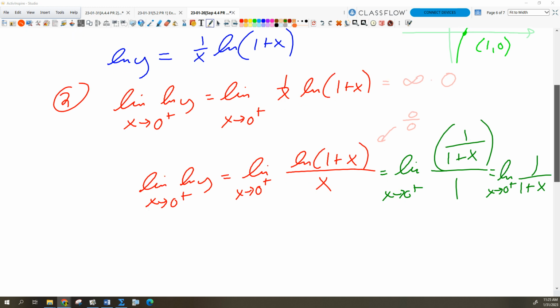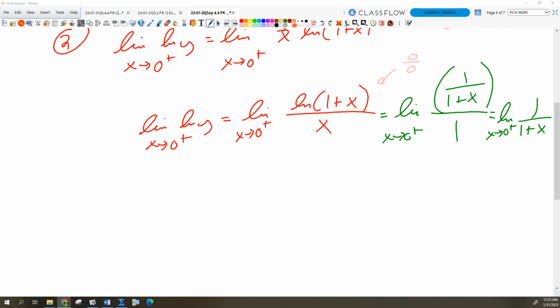Okay, aha. So now we know that the limit of log y is equal to 1. Now what do we do?